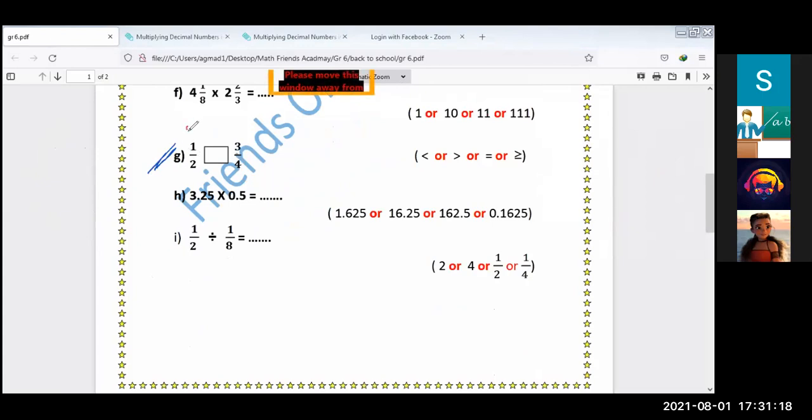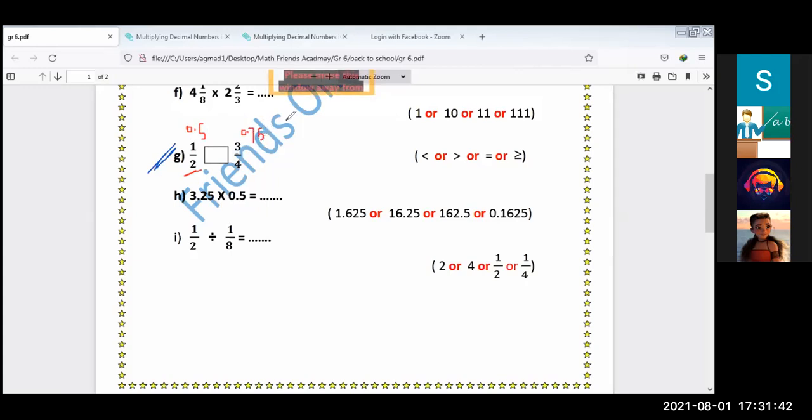You will convert the fraction form to be decimal form. And the 3/4, it will be 0.74. Oh, 75, not 74.